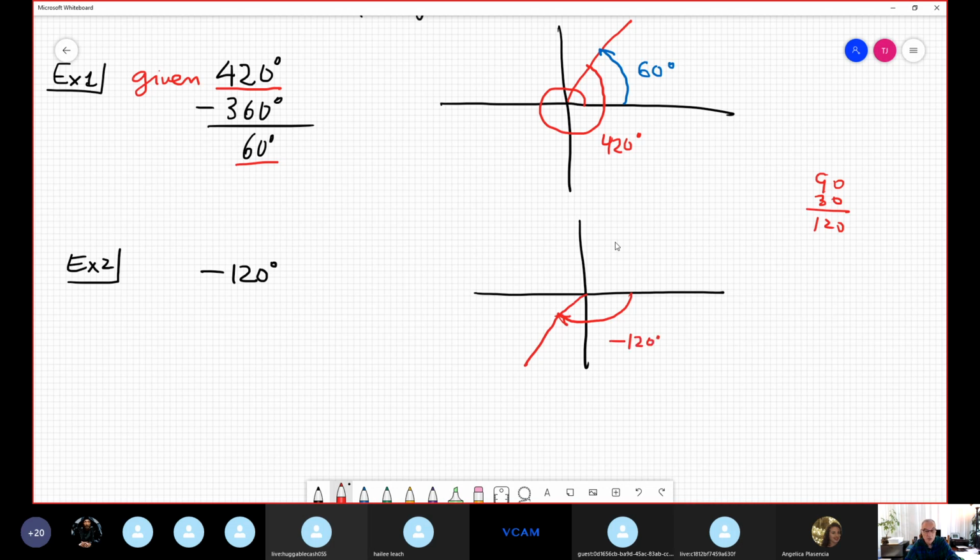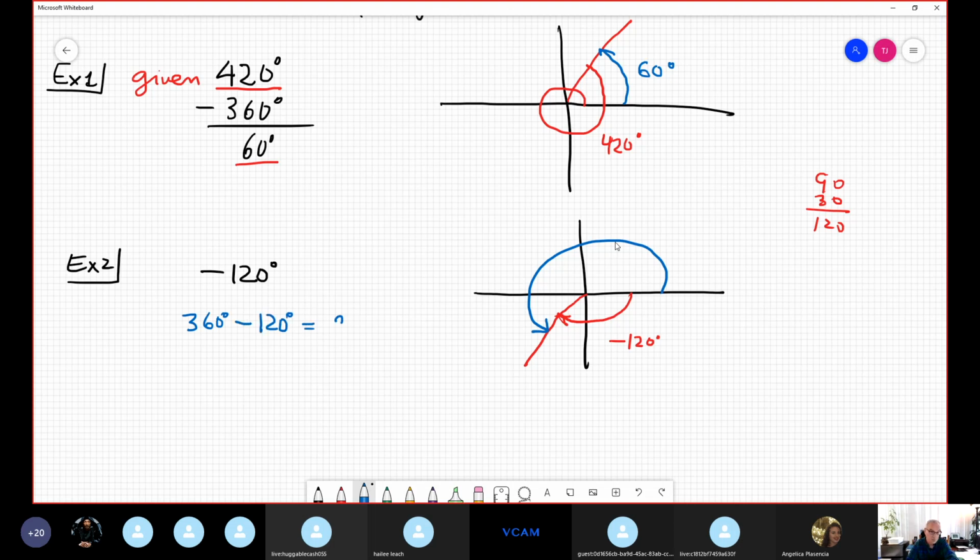So what is my goal? Well, my goal is to find the coterminal angle, but using the positive direction, so in that direction. Well, it's easy, because basically it's 360 degrees, which is the full circle, minus 120.